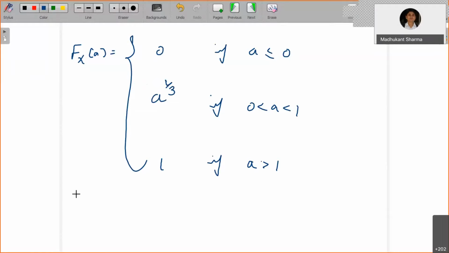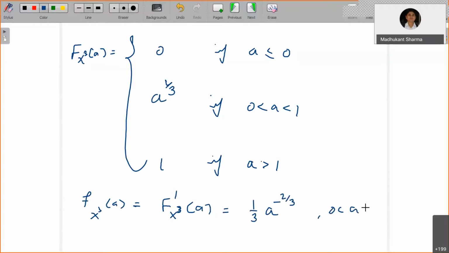Okay, so what is f at a? Or sorry, this is f of X cube. So f of X cube at a is equal to the derivative at a whenever a is between 0 and 1, and 0 otherwise. That's going to be 1 by 3 times a to the power minus 2 by 3 whenever a is between 0 and 1, and 0 otherwise.